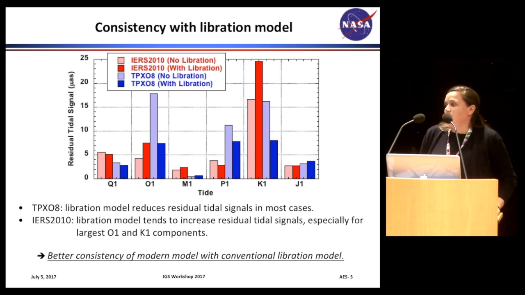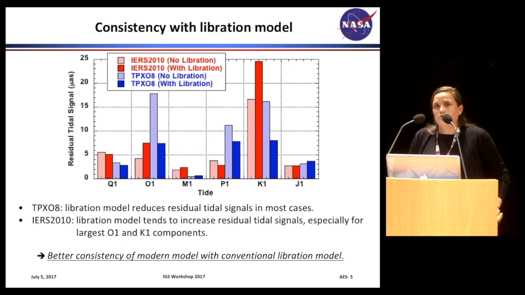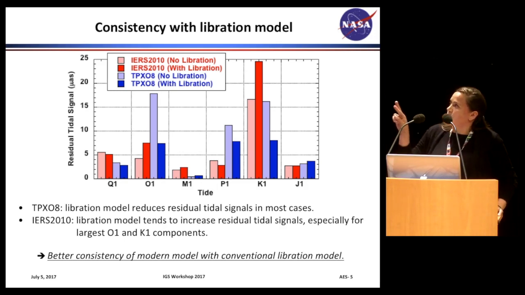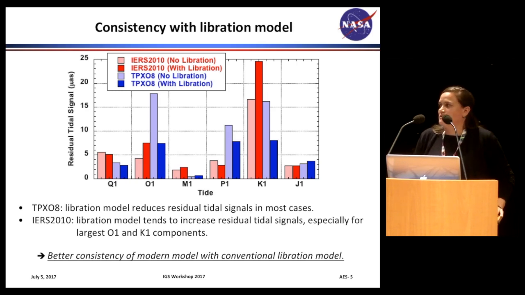In contrast, when you use the libration effects model together with the conventional model for the ocean tides, the libration model tends to increase the signal, especially for O1 and K1, which is pretty spectacular because it just goes the other way for K1, for instance. So we conclude that there is a better consistency of the modern model with the conventional libration model.